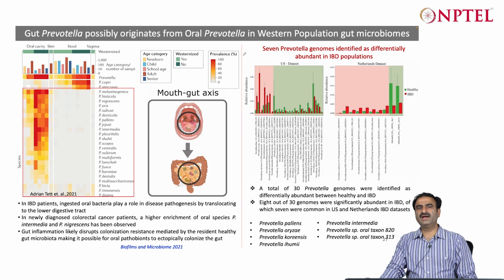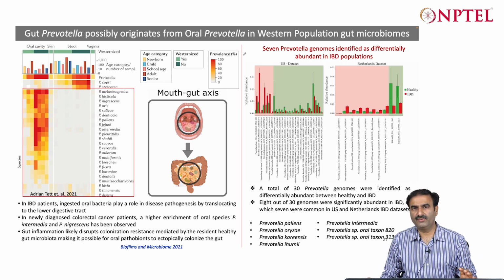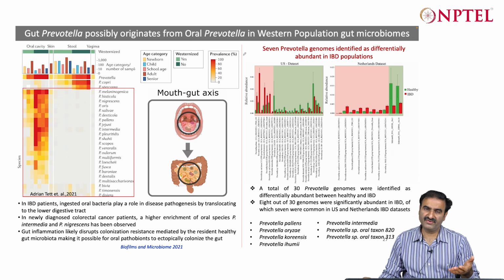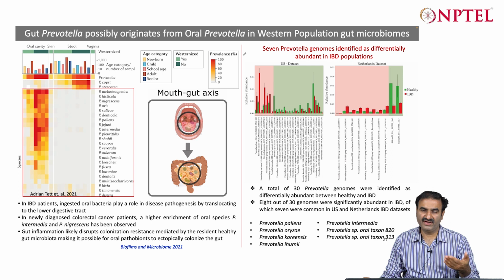And just to give you an idea about how it can be associated with disease: Prevotella copri was found to be more abundant in non-Western populations, including India and other African populations, whereas the other species of Prevotella were abundant in the Western gut microbiome, and those have been associated with various inflammatory diseases also, such as IBD or CD.